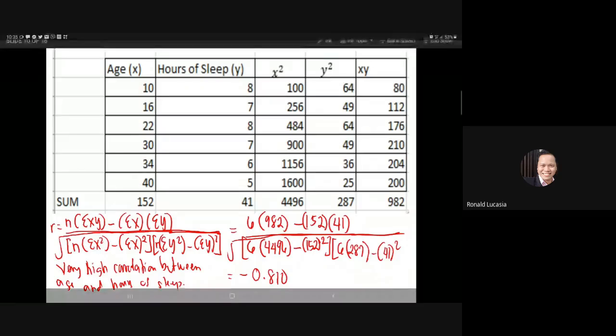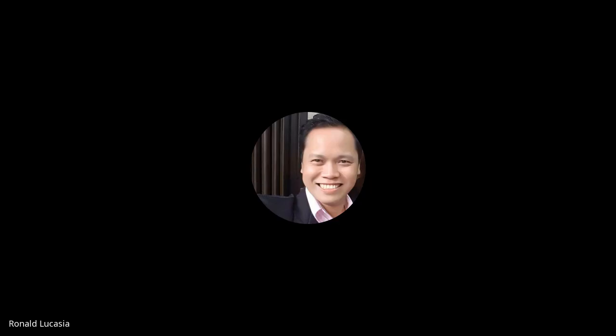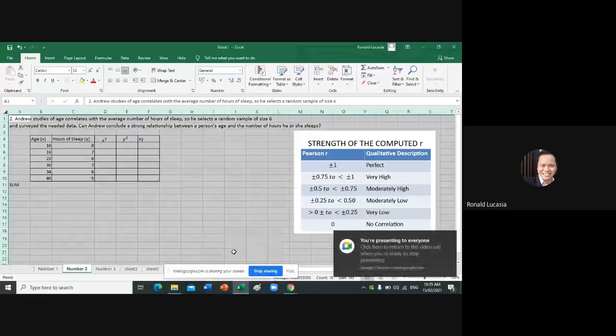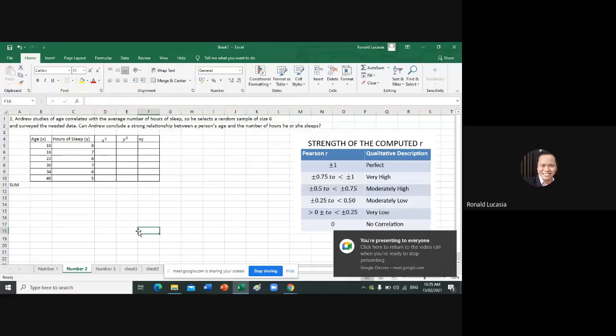Now let's do it using Microsoft Excel. For this, all you have to do is the data. Now this is the data for number 2.